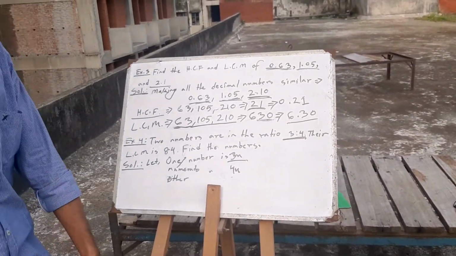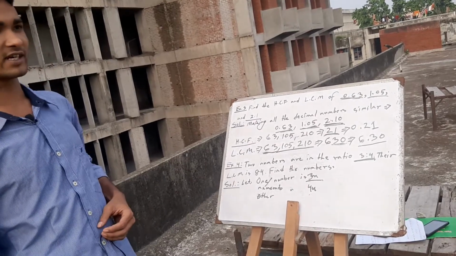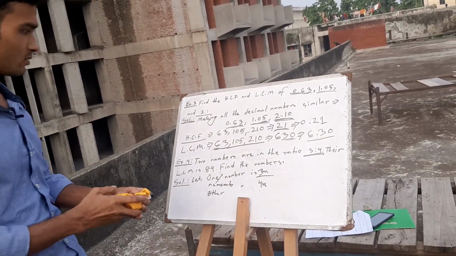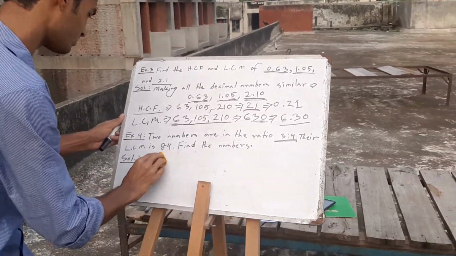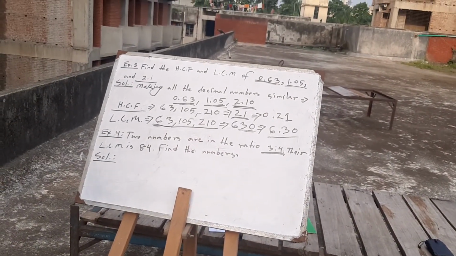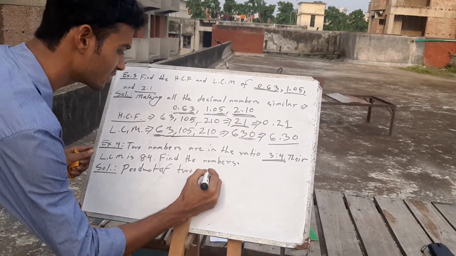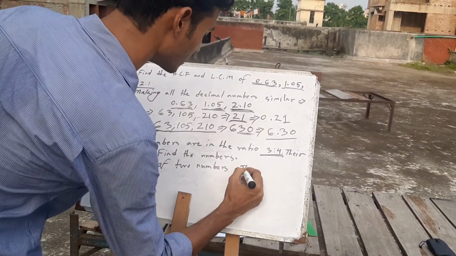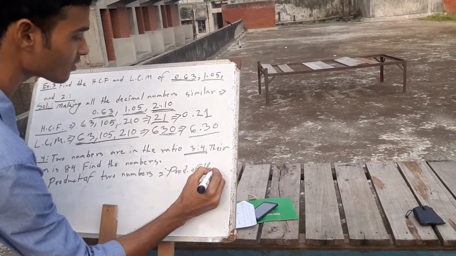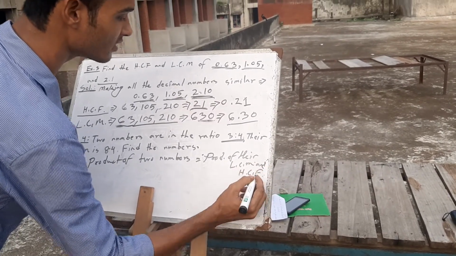and we have a recommendation that to identify the L.C.M. and H.C.F. there is an important formula, and the formula is like that: the product of the two numbers is equal to the product of their L.C.M. and H.C.F. This is a formula.